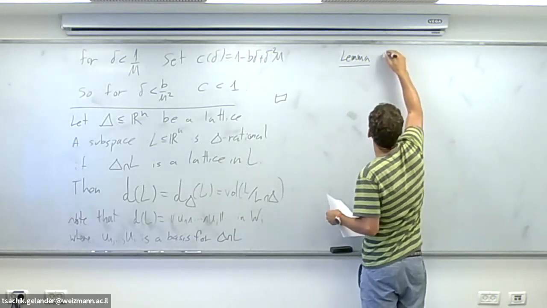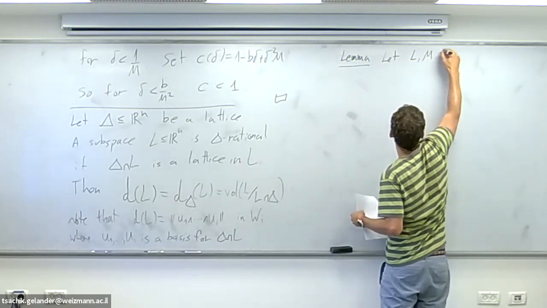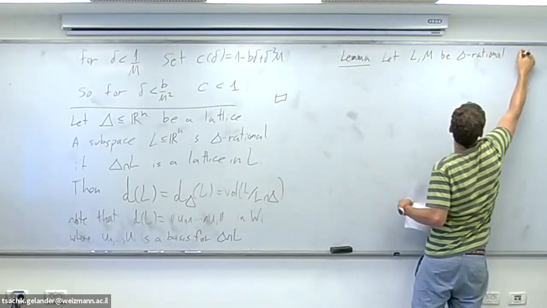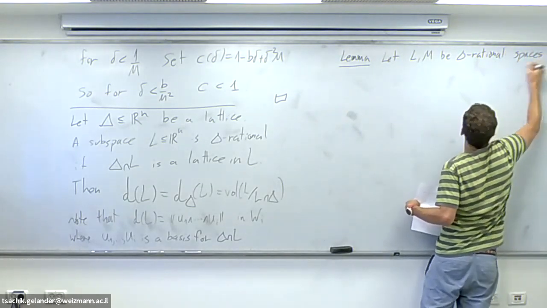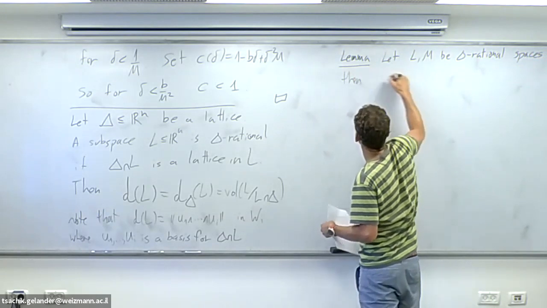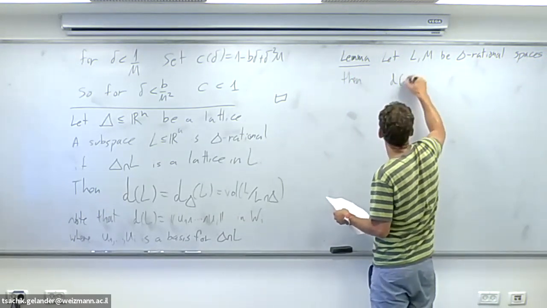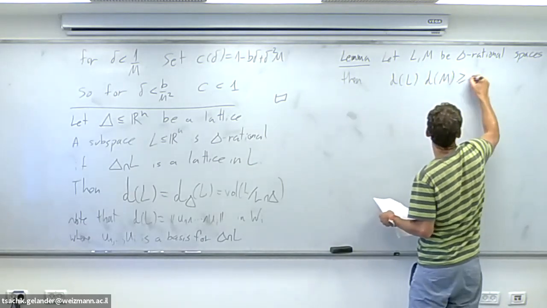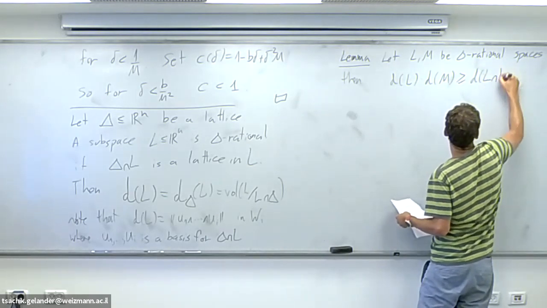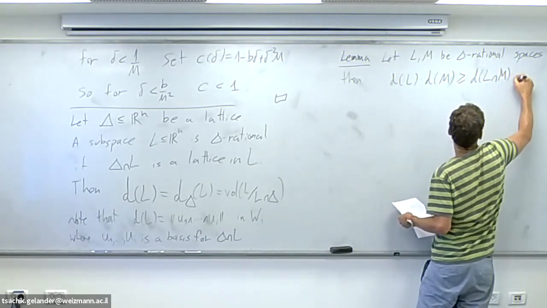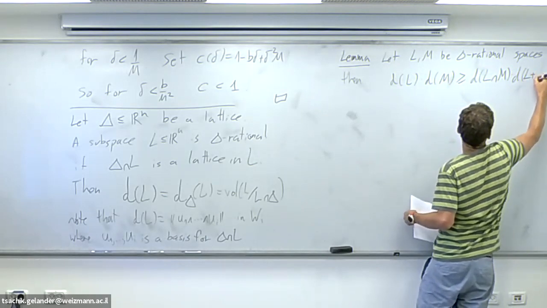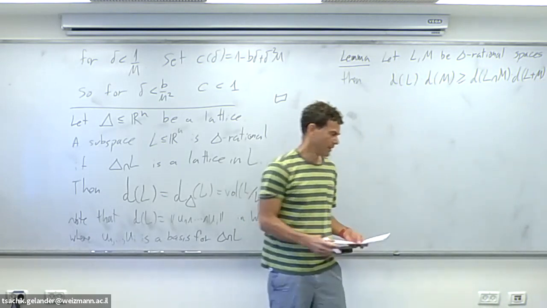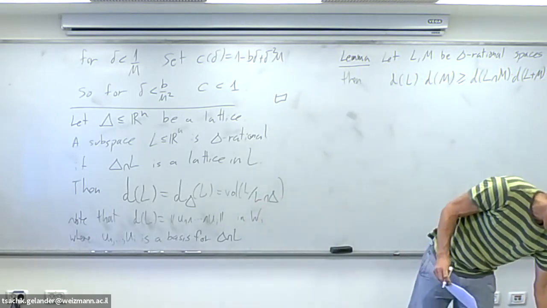Let L and M be delta-rational spaces. Then D of L times D of M is at least D of L intersection with M times D of L plus M. Do I write a proof or not?